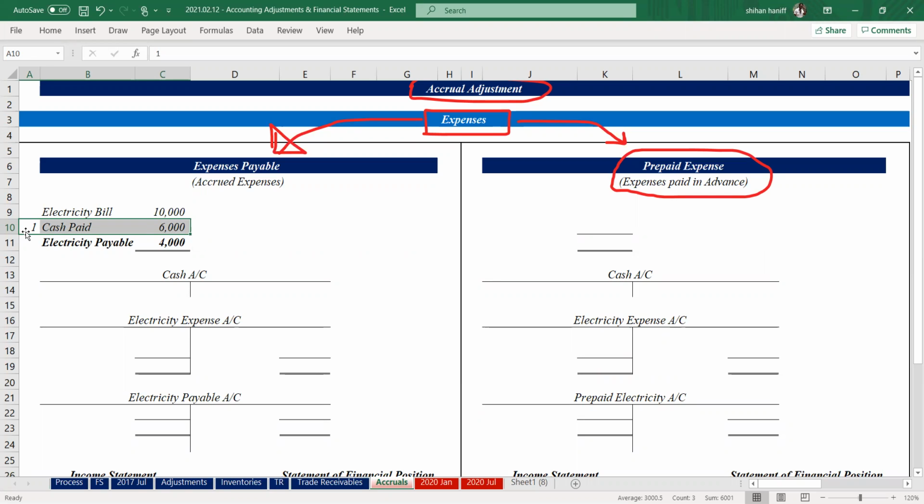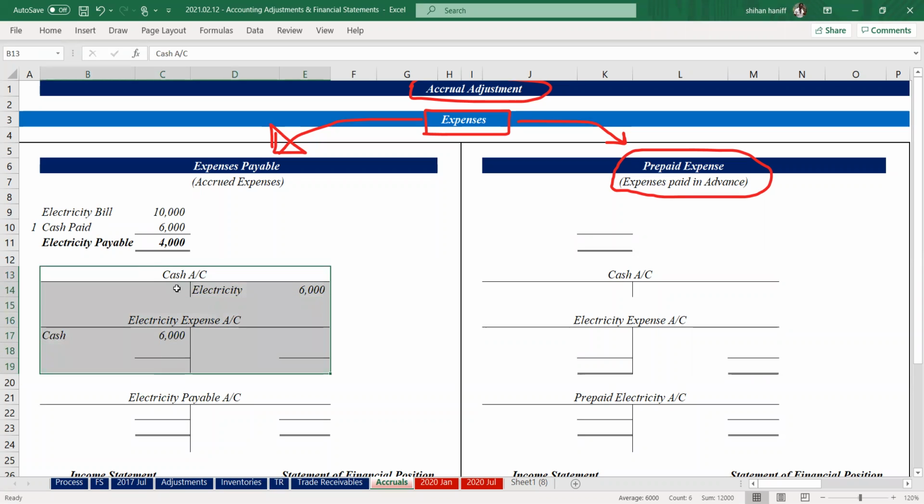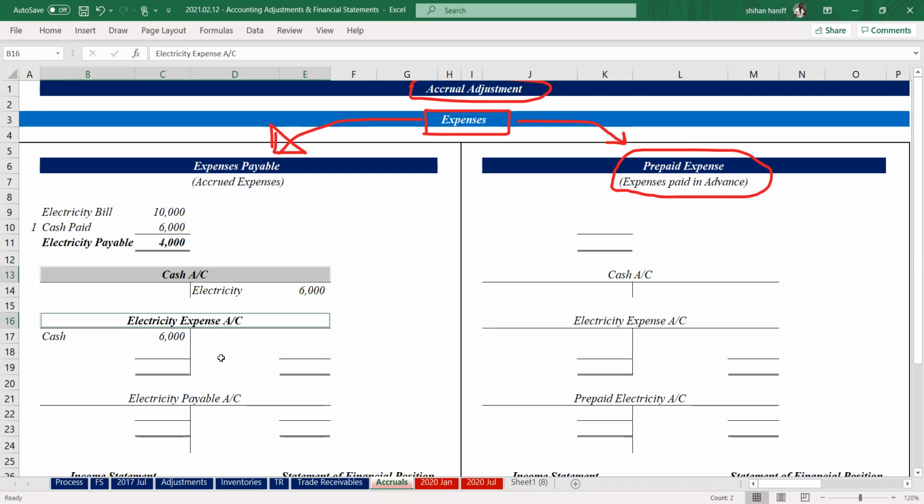The double entry for this transaction is cash account credit 6,000 and electricity expense account debit 6,000. So two accounts: the cash account will be credited 6,000 and the electricity expense account will be debited 6,000.